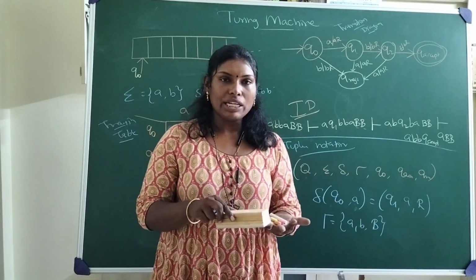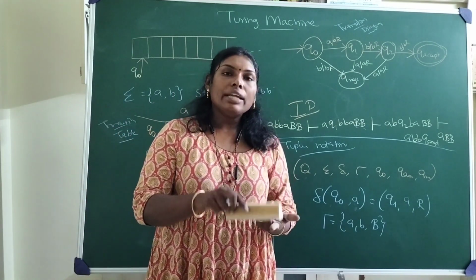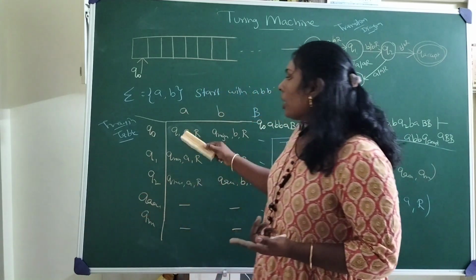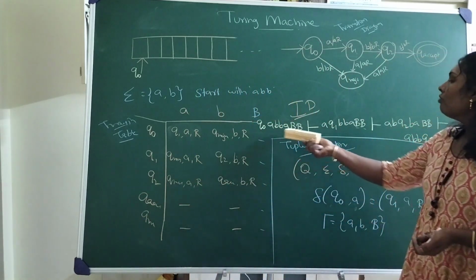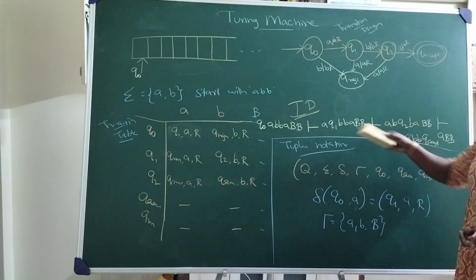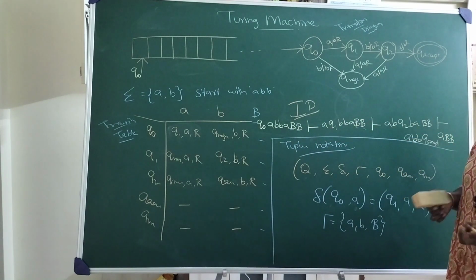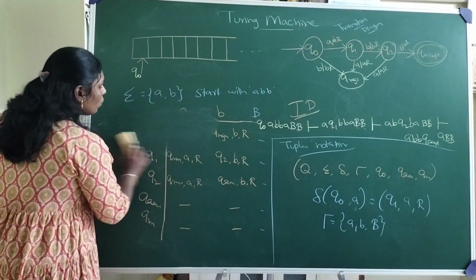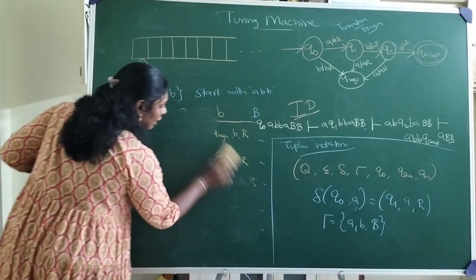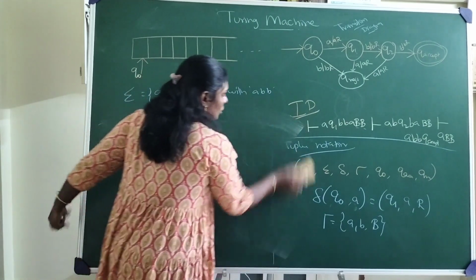Transition diagram, transition table, tuple notation, tape representation for simulating an input to show whether it is correct or not, and the instantaneous description. Okay, so the example that I have taken is very simple. I'll take one more example and show you how exactly it works for all the representations.